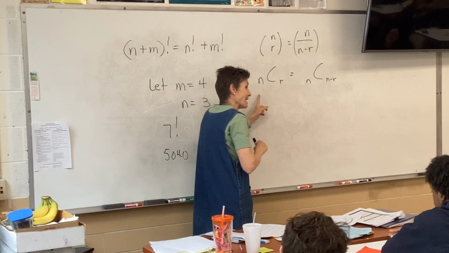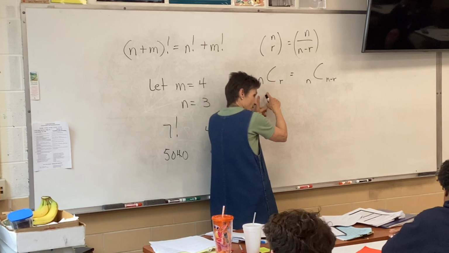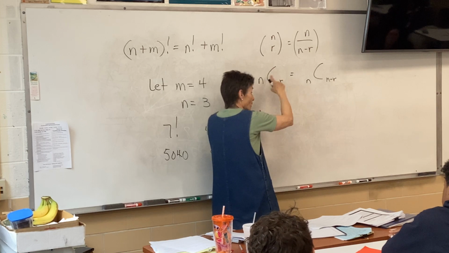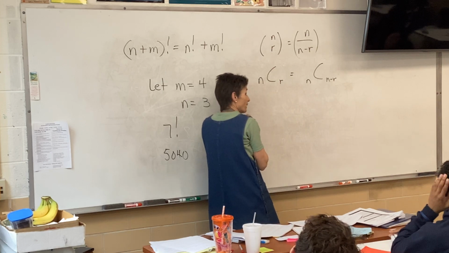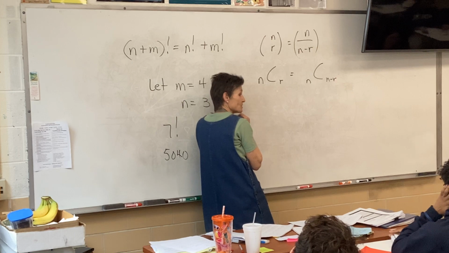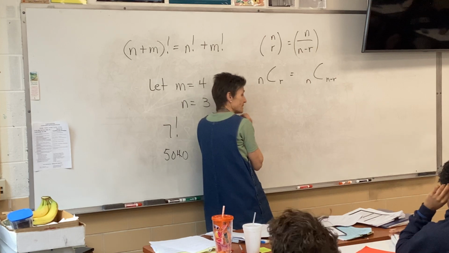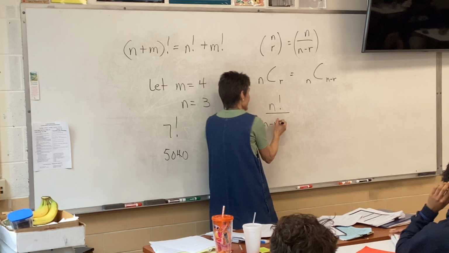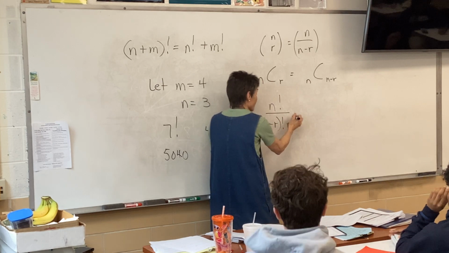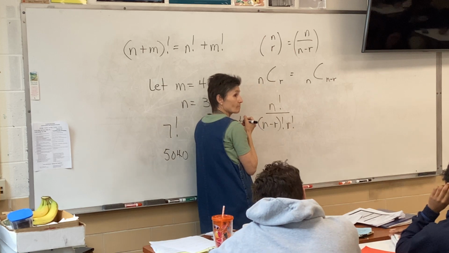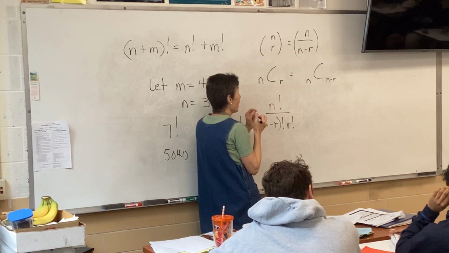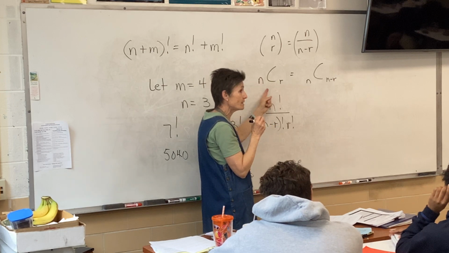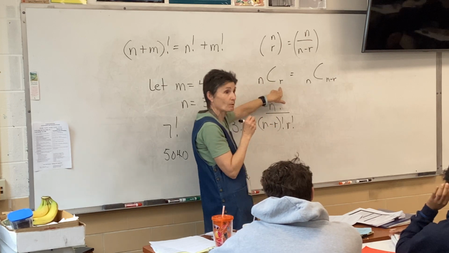I just gave you the formula for this, and in fact, I think I used those very letters. What is the formula for the combination of n things taken r at a time? N factorial over r factorial times n minus r factorial. The denominator is the difference factorial and that number factorial.